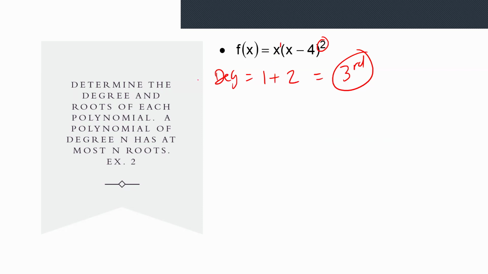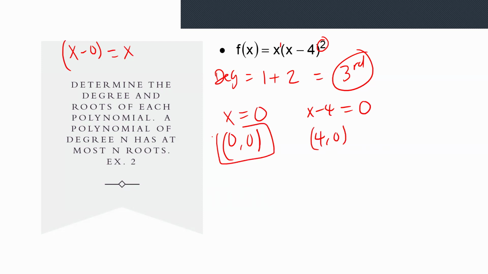If you have an x by itself, it means x minus 0, which is just redundant, so it just equals x. Then our first x-intercept is at x equals 0. Our second x-intercept is at what? 4.